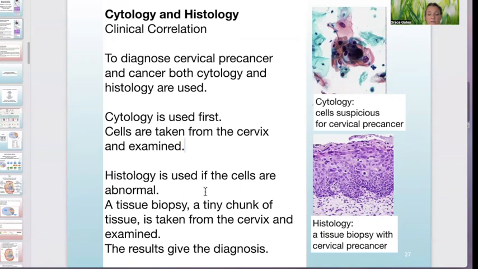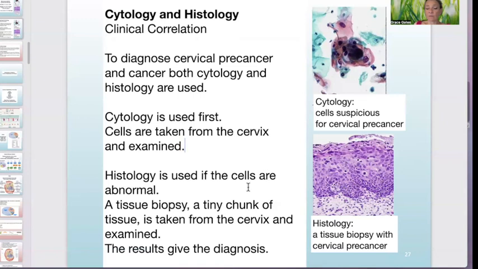Then histology is used if the cells are abnormal. A tissue biopsy, a tiny chunk of tissue, is taken from the cervix and examined. And the results of the tissue biopsy give the diagnosis. So cytology is used as a preliminary screen for anything that looks suspicious for cervical precancer or, worst case scenario, cervical cancer.